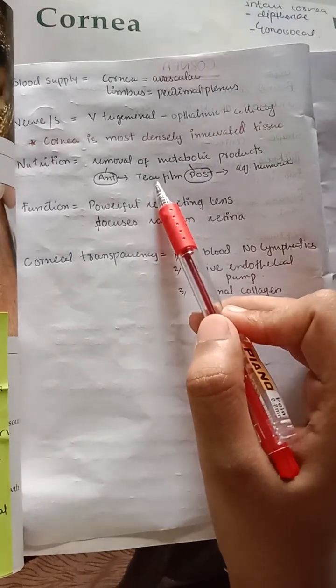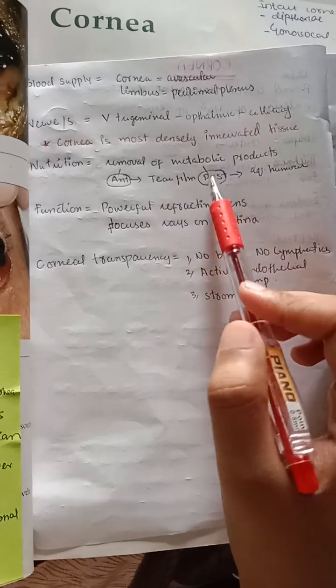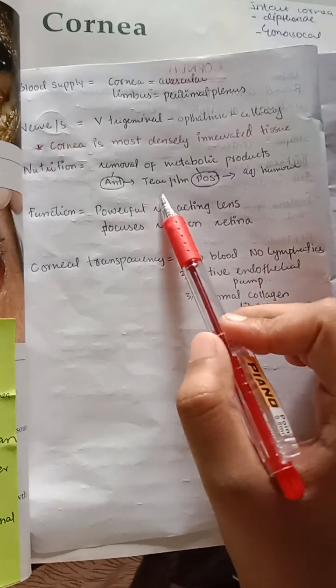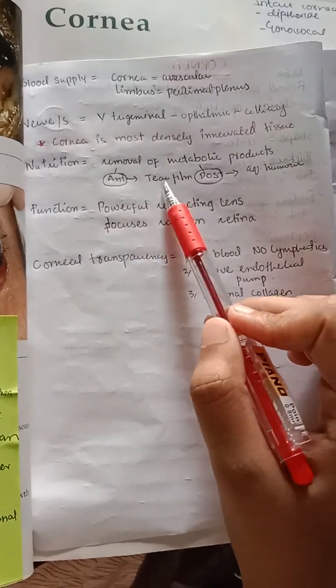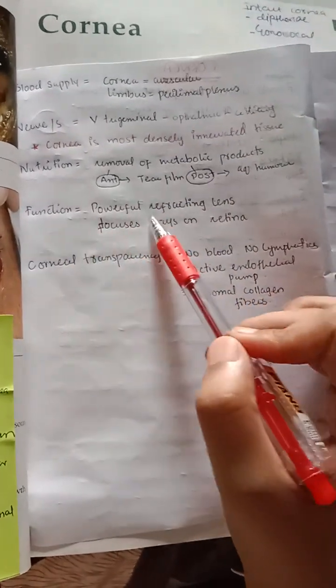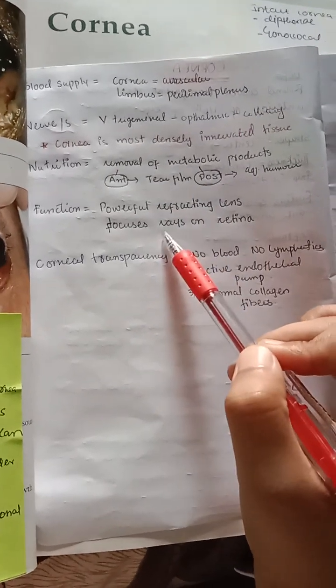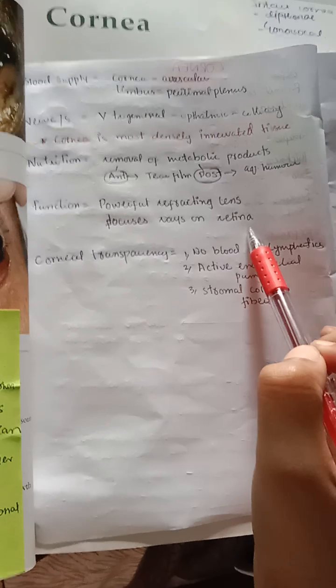Nutrition: the metabolic products of the cornea are drained anteriorly by the tear film and posteriorly by the aqueous humor. The function of the cornea is that it acts as a powerful refracting lens and focuses rays on the retina.